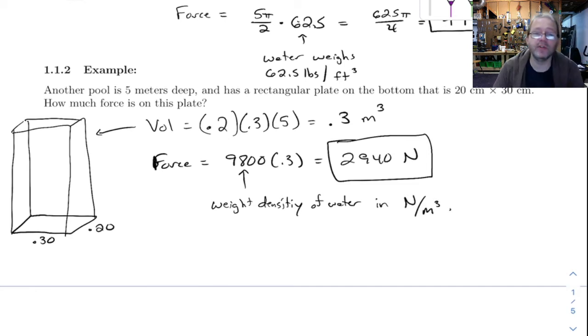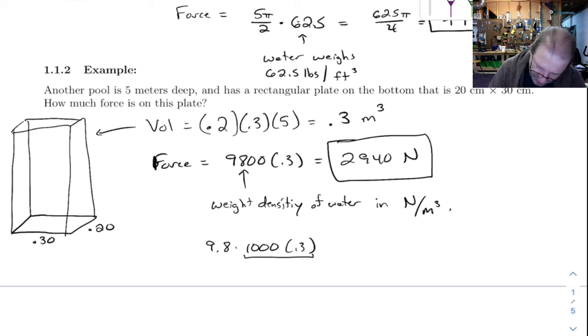And of course, if you want to, you can break it up into force equals mass times acceleration, F equals ma. If you were to break that up, it's 9.8 times 1,000 times 0.3.